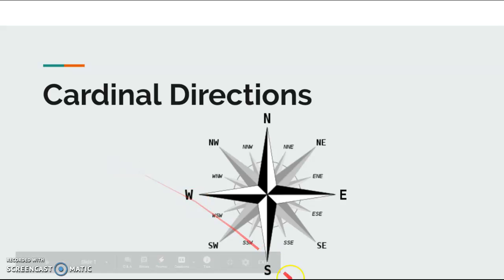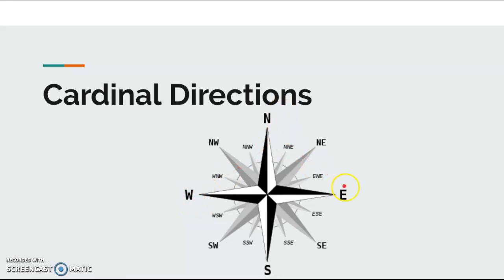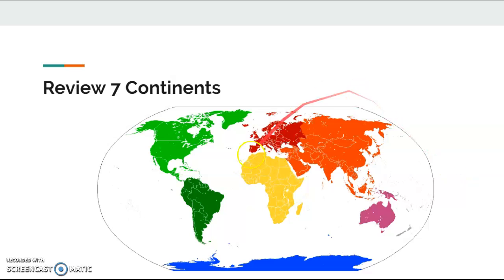Go back, sorry. We have south down here. We have east. We have west. There are 4 directions. And I mean, you see these other directions in here, but we're just focusing on the 4 main directions.